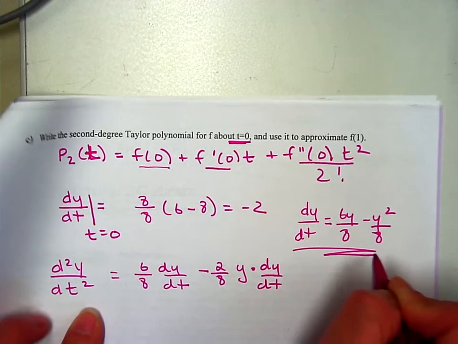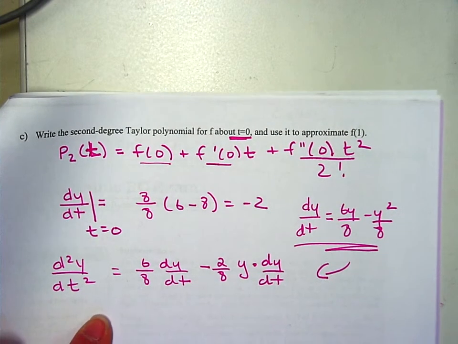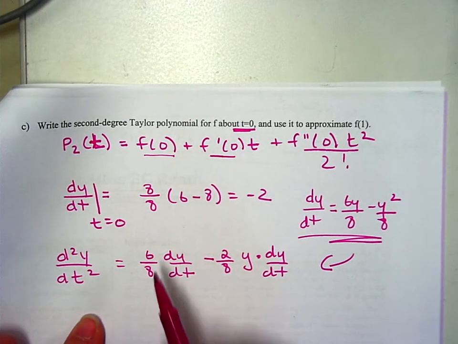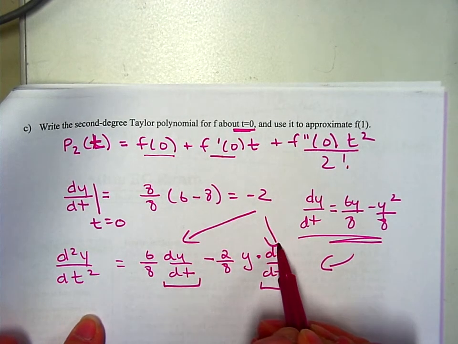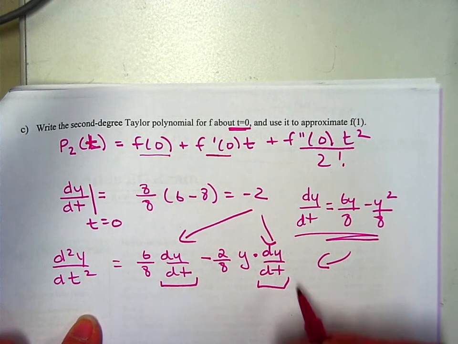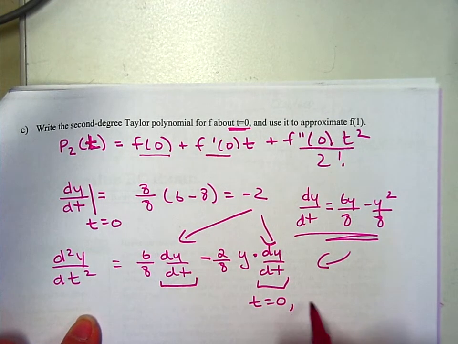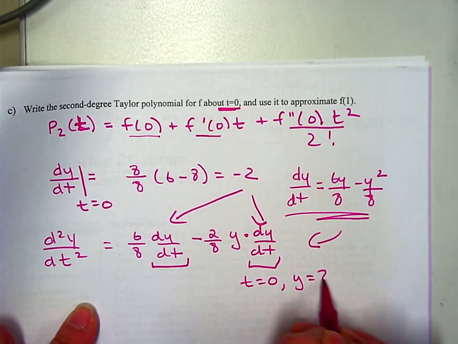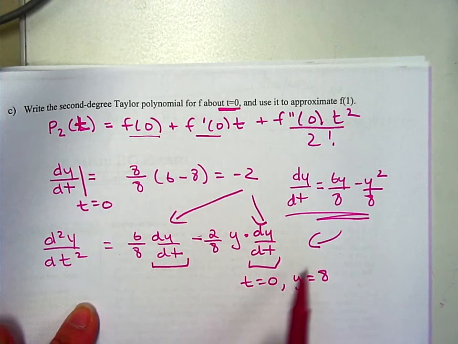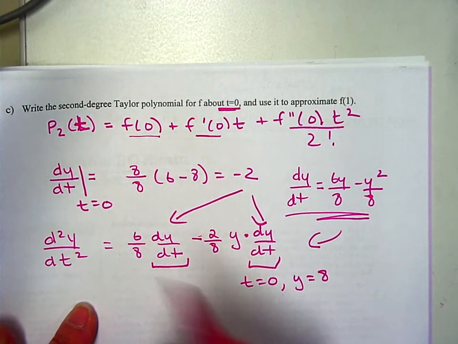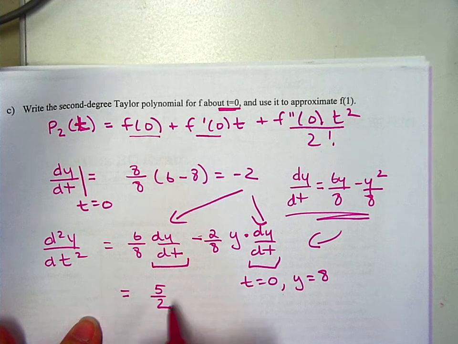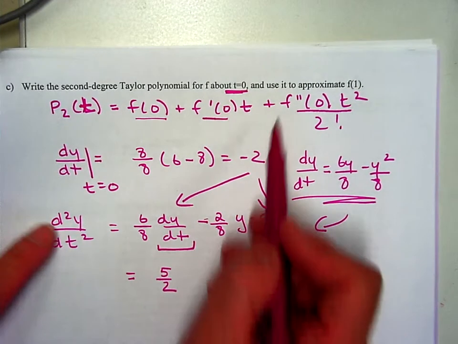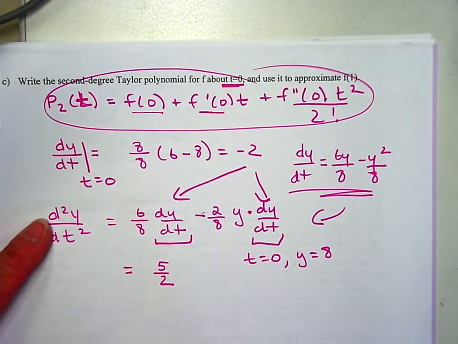So I would do this first and then take the derivative from there. And this value is -2 here. And then you can plug in t equals 0, and the corresponding y with t equals 0 is also y equals 8. So you have every single one of these values, and if you plug it in correctly, your second derivative value is 5/2.